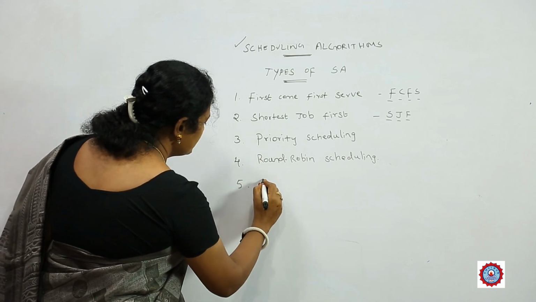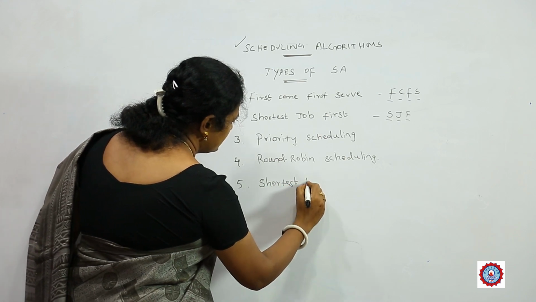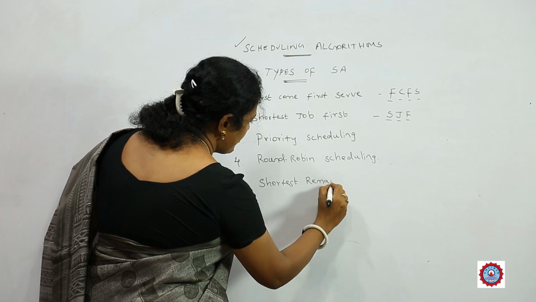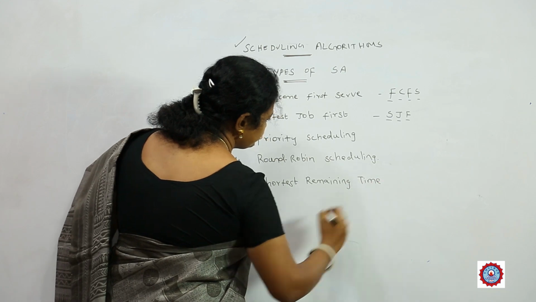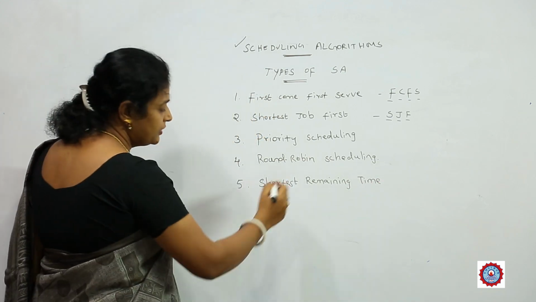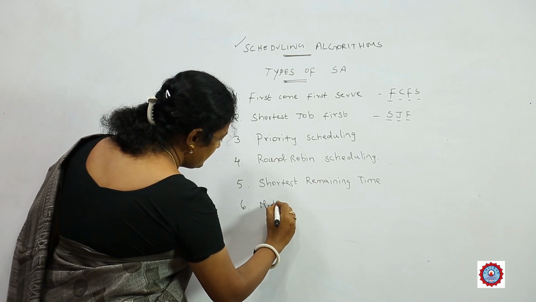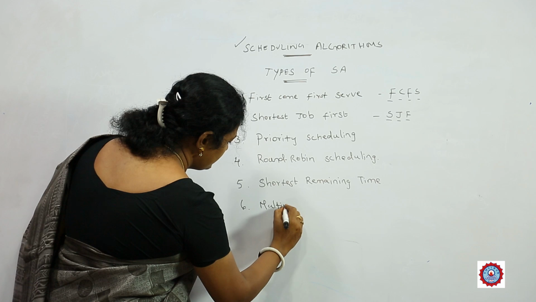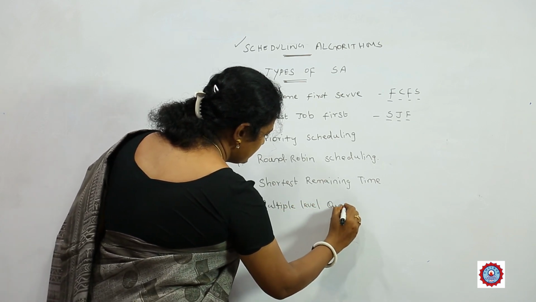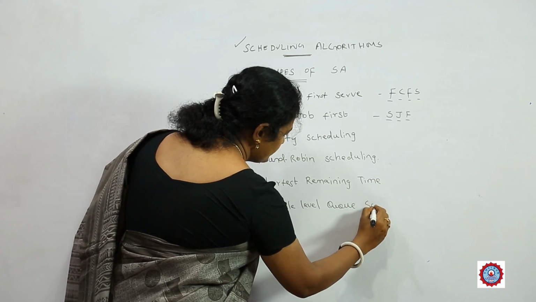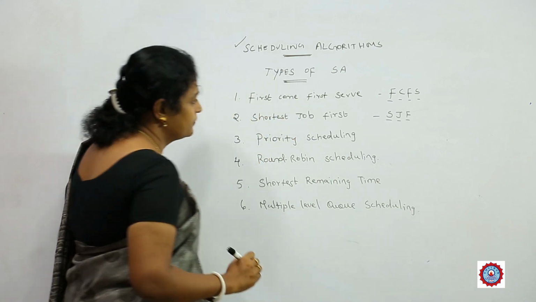Fifth one will be shortest remaining time, the shortest remaining time algorithm. And the last one, multiple level queue scheduling.